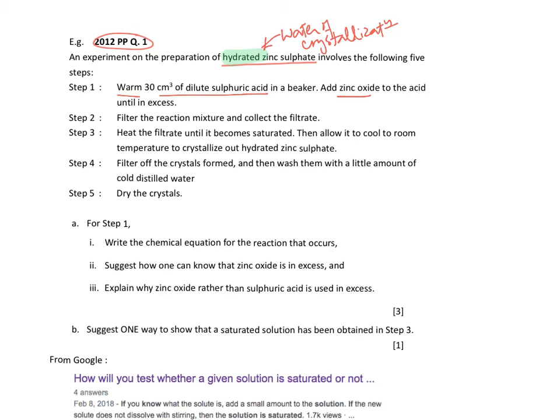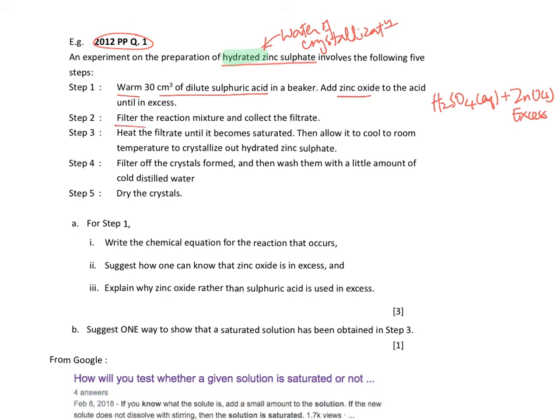So do you still remember our method? We have the soluble reagent and an insoluble reagent. The insoluble oxide must be in excess amount. The zinc oxide will dissolve in sulfuric acid until we see some solid left behind. That means the sulfuric acid has been completely reacted.